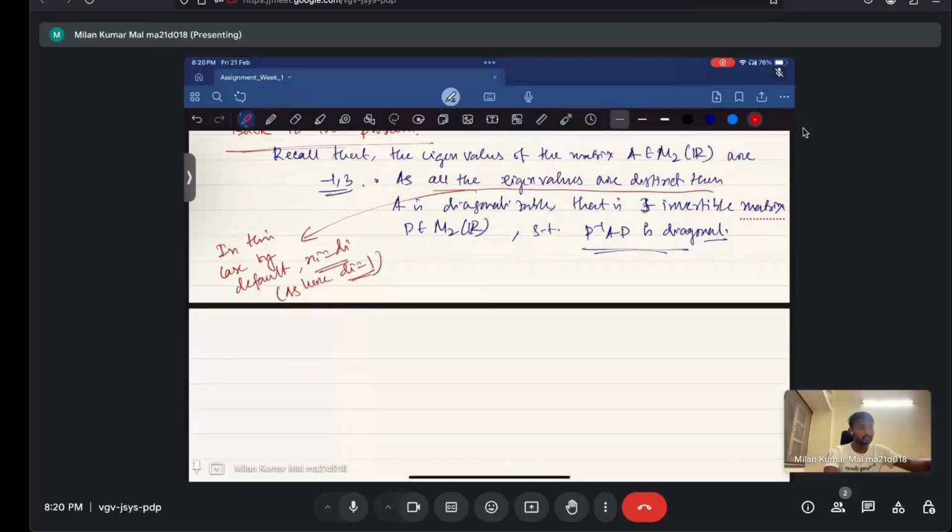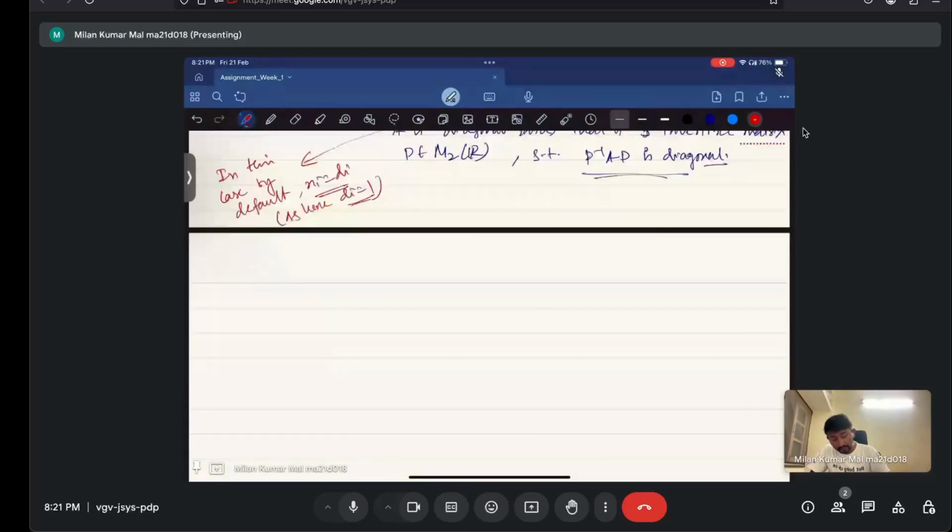So this is the reason that a matrix which has distinct eigenvalues is diagonalizable. So in this case A is diagonalizable.